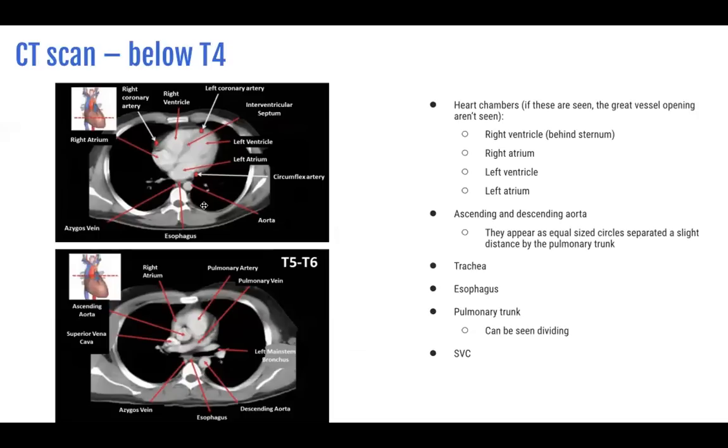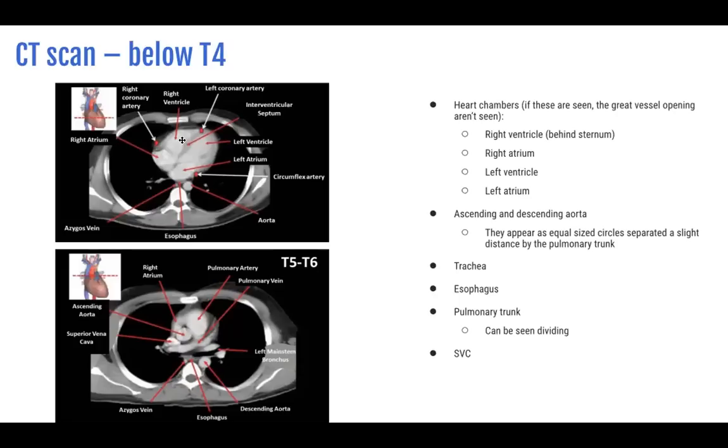So in this image, we can identify. First of all, we always orient ourselves. It's very easy to orient yourself when you see a heart. When you see the heart, you know for sure you're in the inferior mediastinum, meaning you are below T4. Oh, that's for sure. And then you can identify very easily. We said the most anterior structure right behind the sternum will always be the right ventricle. So sometimes it's confusing whenever you have right and left, which is the right ventricle, which is the left ventricle.